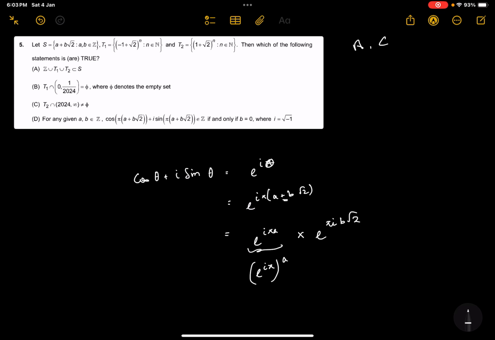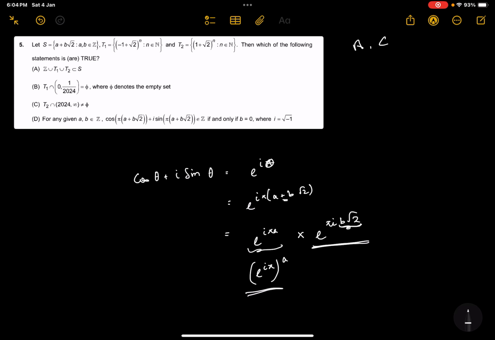For this entire thing to be an integer as given in the option, this is either plus or minus 1, so this thing has to be an integer. So it can also be plus or minus 1, but that would need this part to be an integer. But b is an integer, so b times root 2 would be an irrational number.